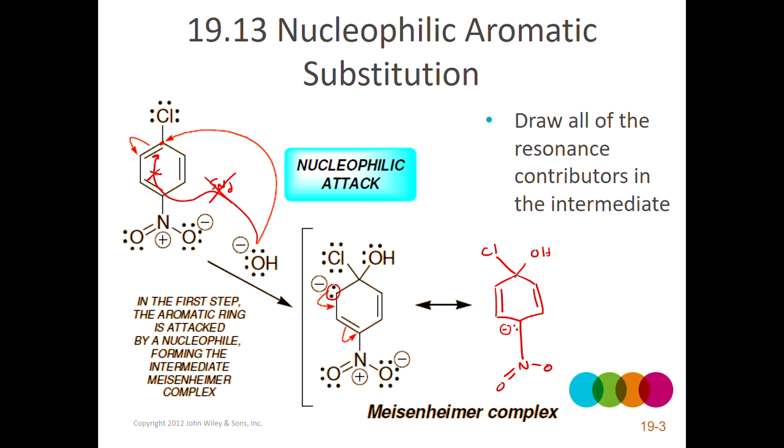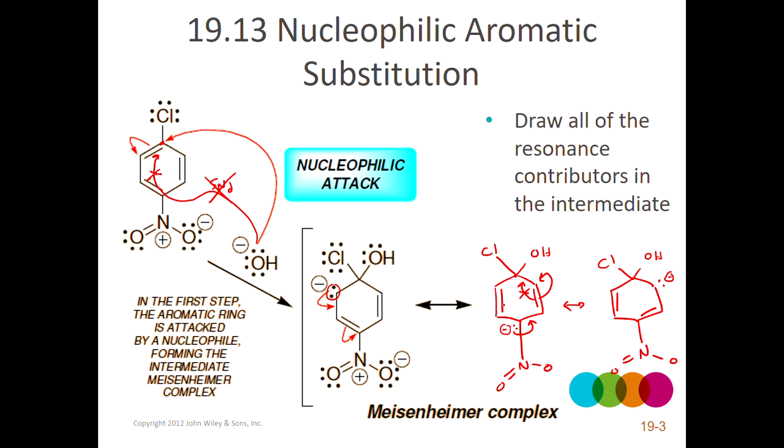There's another resonance contributor where these electrons could come in here and push these here. All right, I can't push them in here, obviously, because that would make a 5-bonded carbon. We can't do that. It's prohibitively unstable. And so that would make my structure look like this.